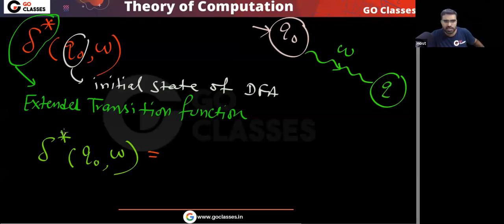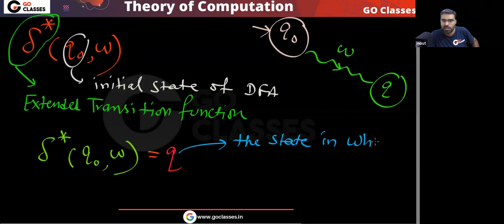So remember, delta star q0 comma w is equal to q. And this is the state where your DFA will go when you read string w. Please understand that this is the state in which the DFA ends after consuming the entire string w.